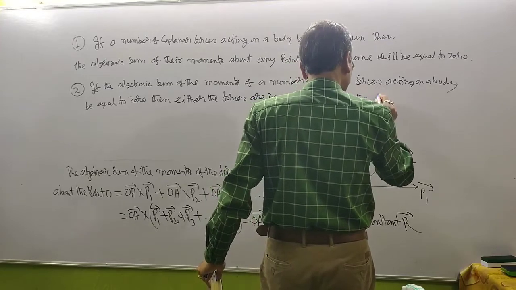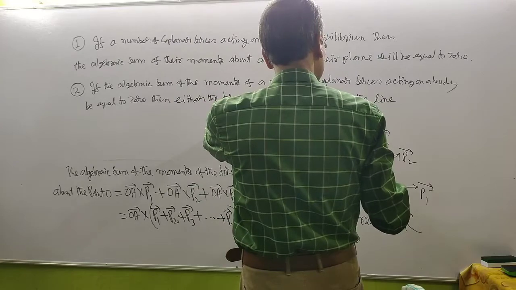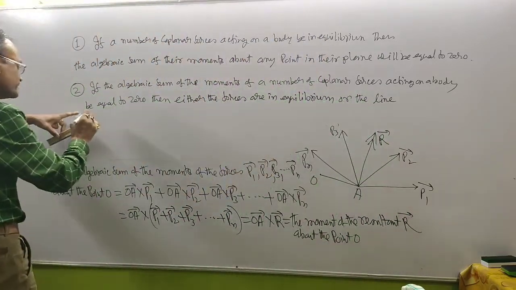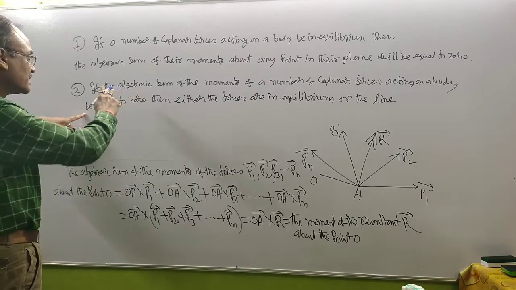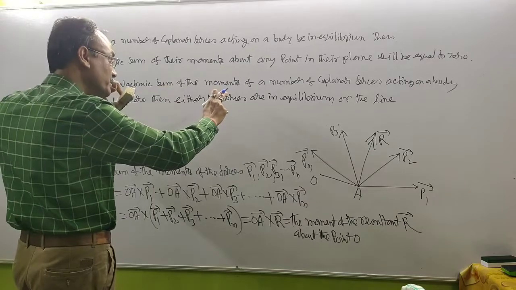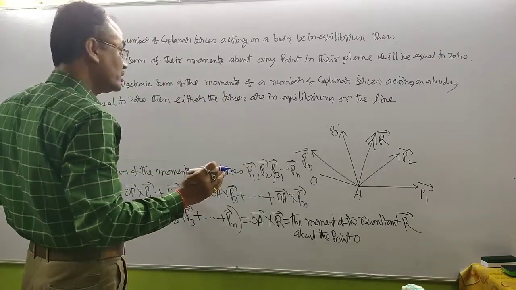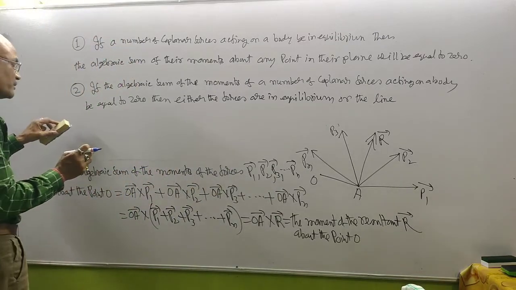Of the resultant of the forces acting on a body. If you say the moment of a force, then you will have to say that about a point or about a line on a body.